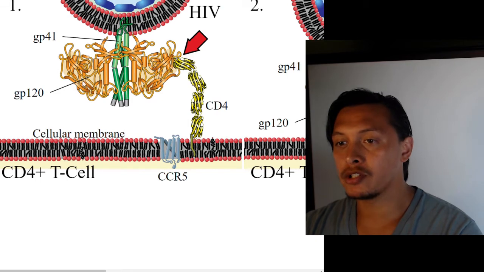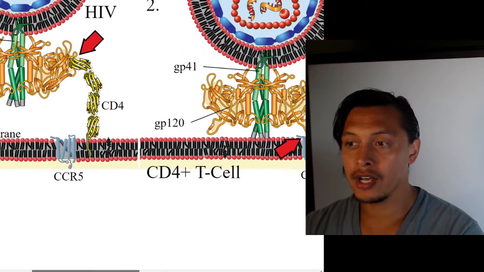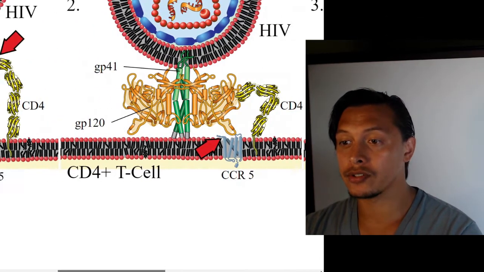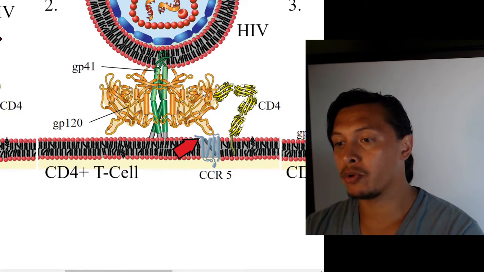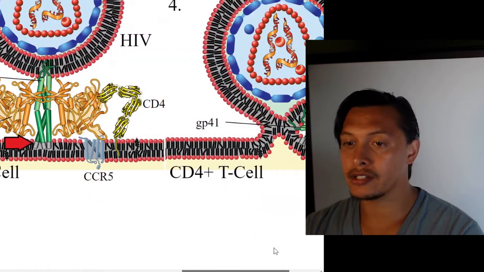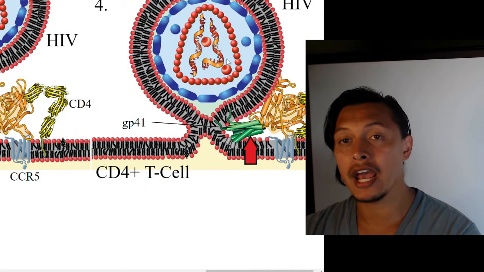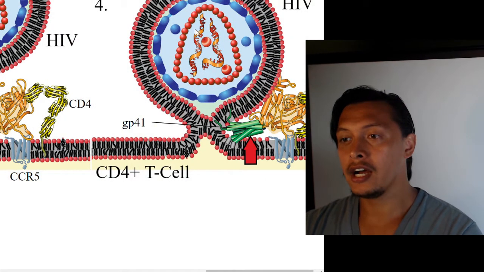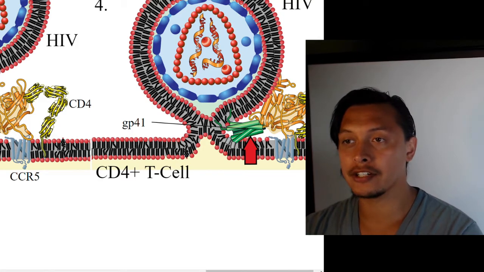And then this GP120 is attached to the GP41, and this interacts with the CD4, and this whole thing helps the virus get into the cell. So as you can see here, this GP120 will then interact with this CCR5, and then this entire process allows the HIV RNA to enter the cell.